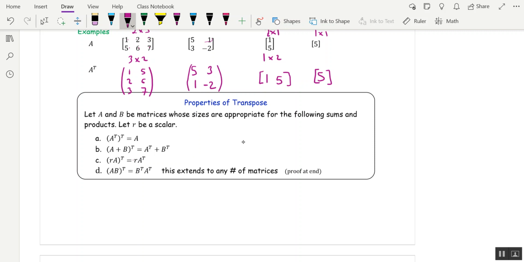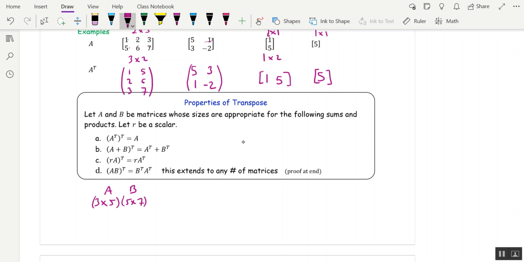And then I wanted to just look at D in terms of, I'm not going to prove it, but in terms of dimensions. Let's suppose A is 3 by 5. And B would have to be a 5 by something. Let's make it 5 by 7.